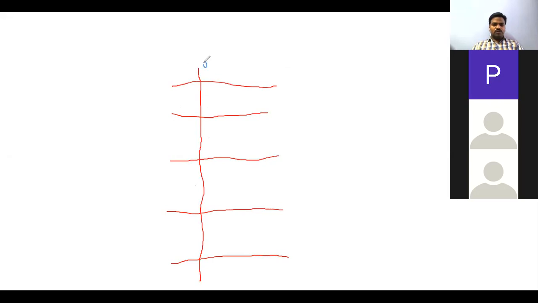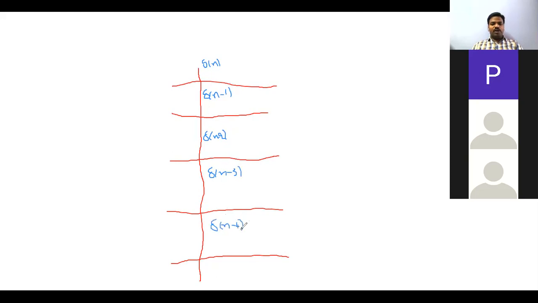See, this is delta of n, and this is delta of n minus 1, and this is delta of n minus 2, and this is delta of n minus 3, and this is delta of n minus 4.